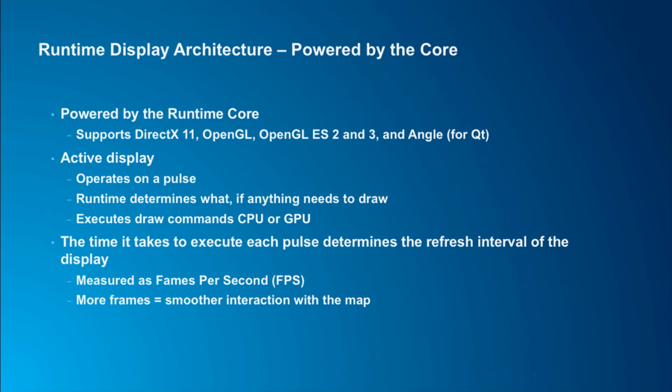And every pulse, we determine what, if anything, needs to redraw. So if something does need to redraw, we execute draw commands on the CPU and the GPU. And the time that this takes on every single pulse really is what impacts your frames per second. And as your frames per second start going down, your map starts to slow down, right? Because the frames per second, it's like a movie. If you slow down the frame rate, you get a slower moving movie or map.